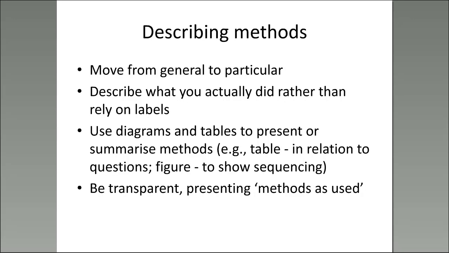You'll use more than one method to answer each of those potentially, and potentially any method will answer more than one of the questions. And so if you set it out as a table where you have the questions listed and which methods are contributing to those questions and how, then that makes it very clear to the reader, and it takes a lot less space as well if you are short of space.